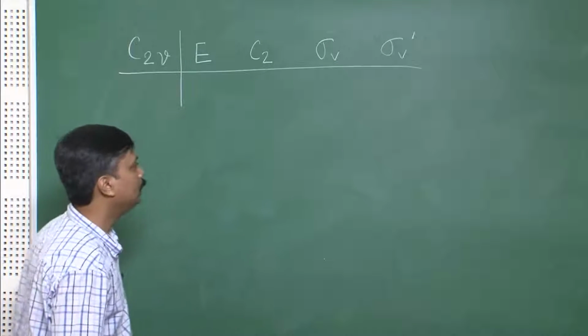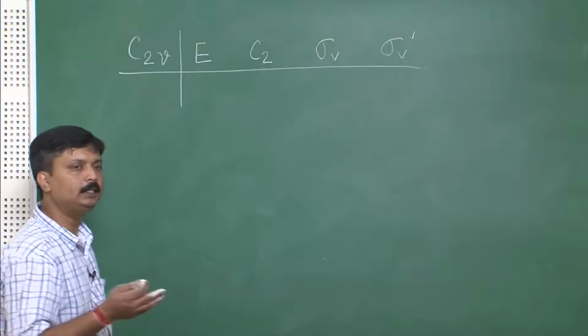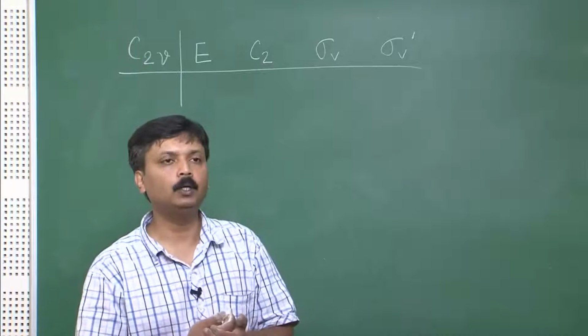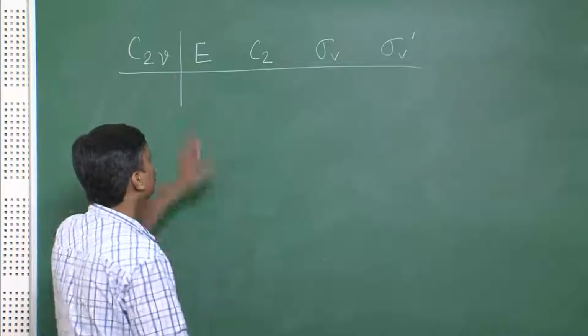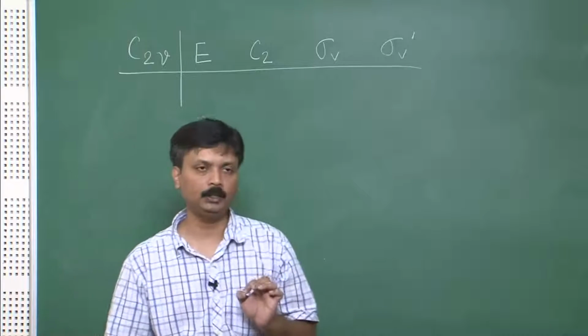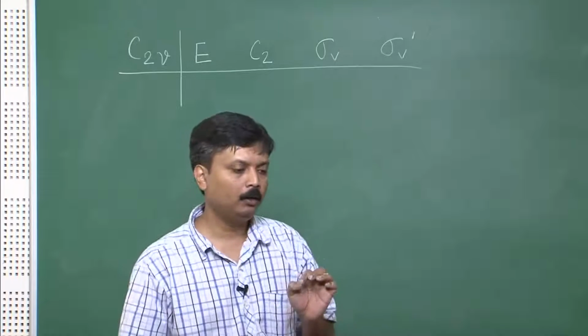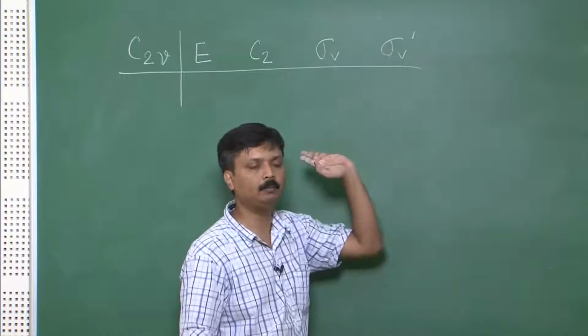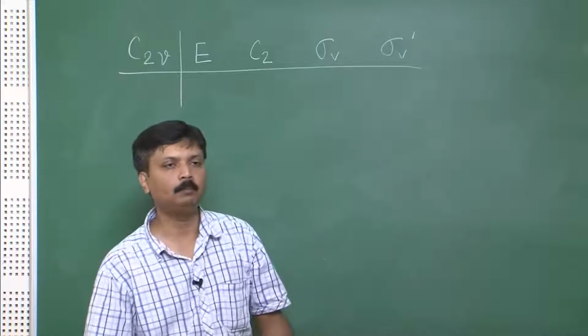So, what is our first rule? The first rule says that the sum over li squared is equal to the order of the group. Here I have 4 symmetry operations, and all of them form a class by themselves, which we have seen quite some time back.